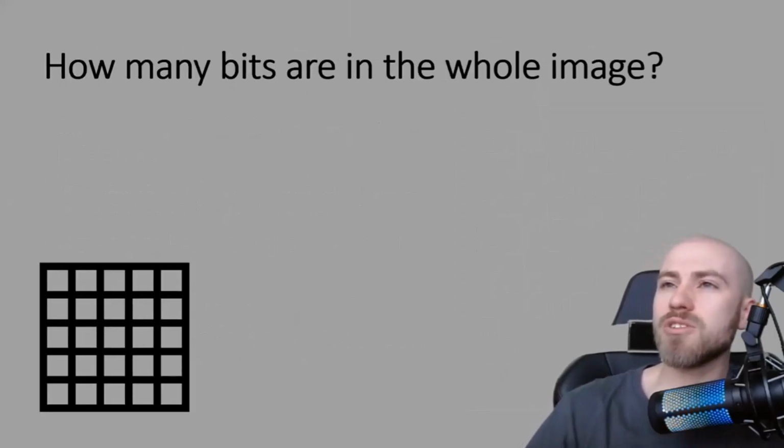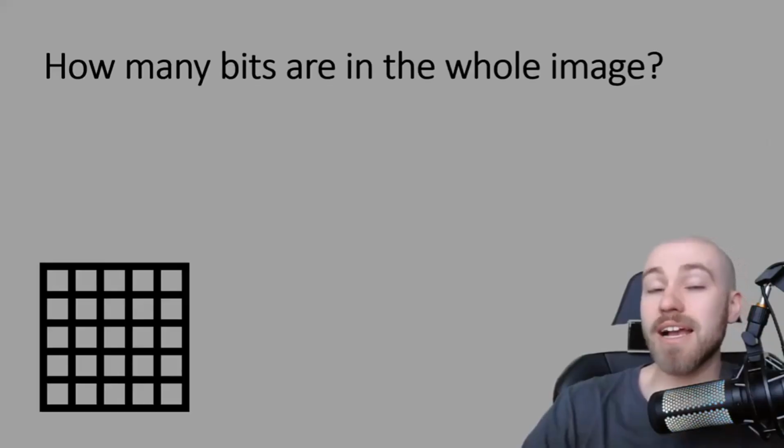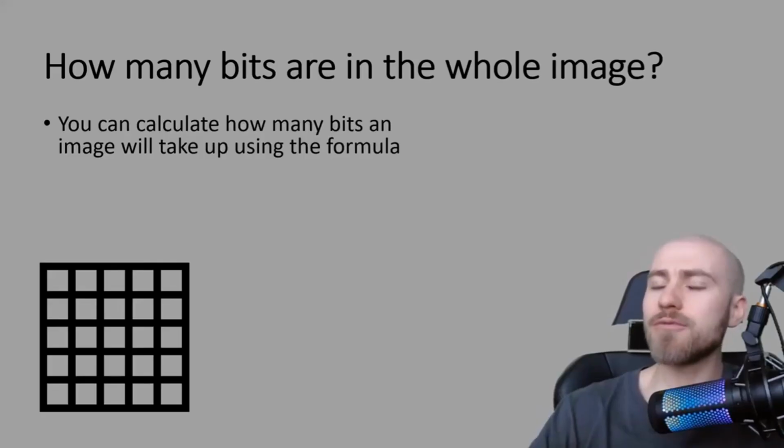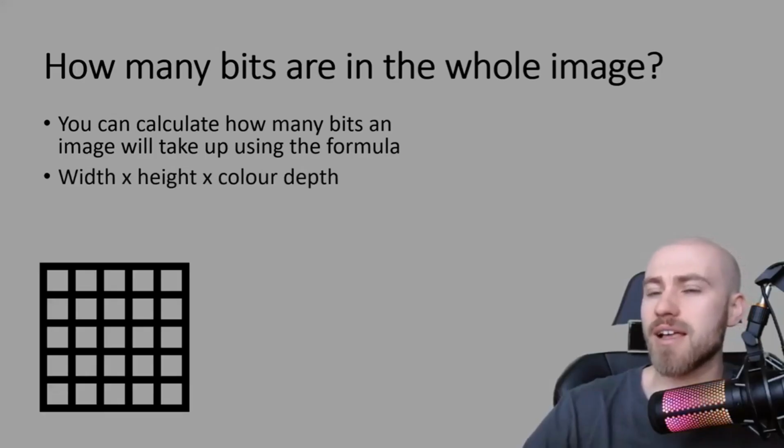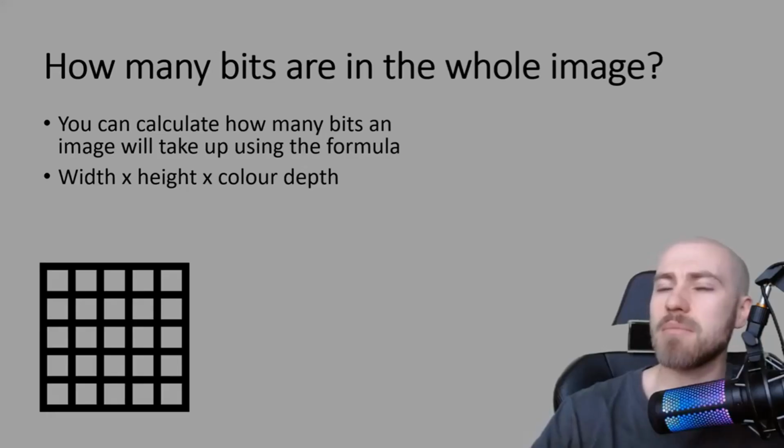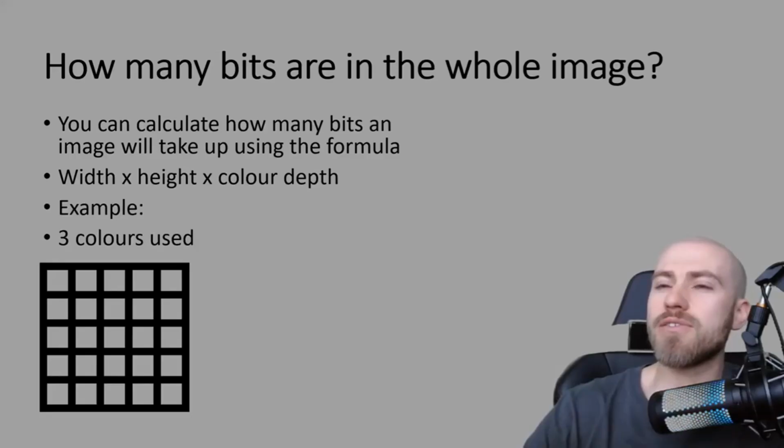Now, when it comes to storage on the computer, you can actually calculate how many bits the image is going to take up. And there's a little formula that we can do for it. So first of all, we can do the width times the height, like we did to calculate the resolution and how many pixels are in the image. But then we can also multiply that by the color depth, by how many bits are in each pixel. Let's say that one image uses 3 different colors.